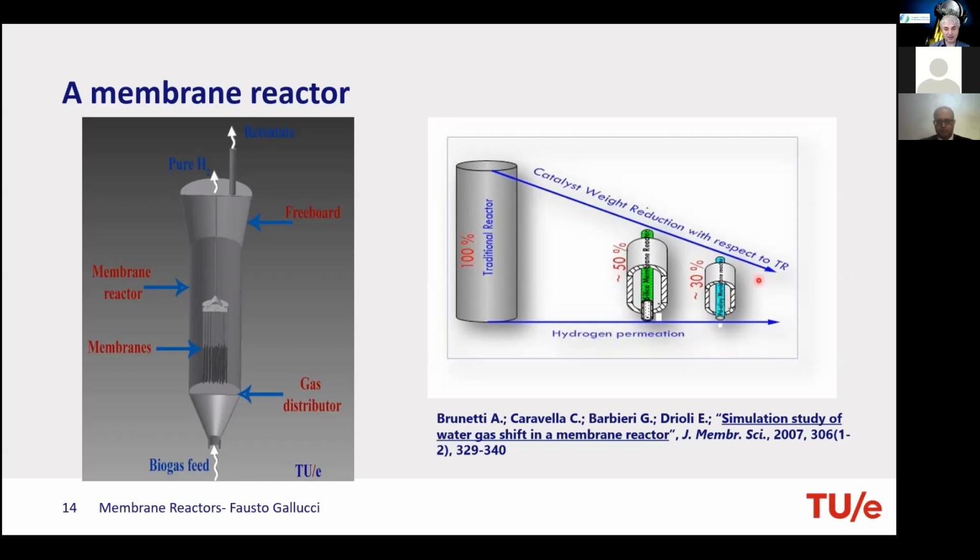So you see that there is a benefit, but you have to be careful because if you have a reactor and a separator, you can optimize the condition of the reactor, you can optimize the condition of the separator, and you can have a very optimized system. If you combine the two, of course, the membrane should work at the same condition of the reactor. So, for example, you cannot put a polymeric membrane in a water gas shift reactor because the polymeric membrane will be destroyed immediately since the water gas shift is exothermic and the high temperature water gas shift is carried out at 400, 450 degrees.